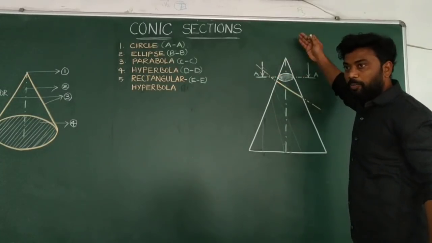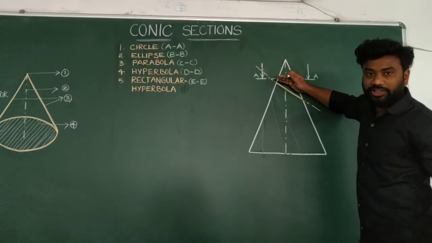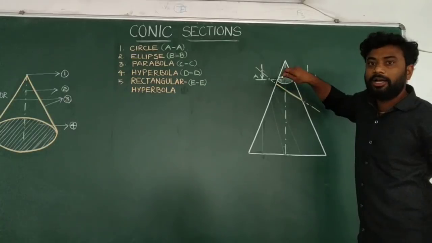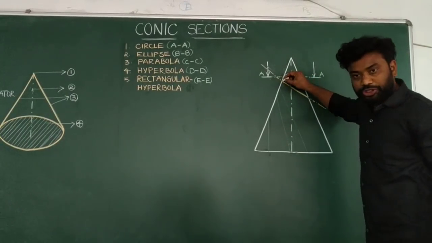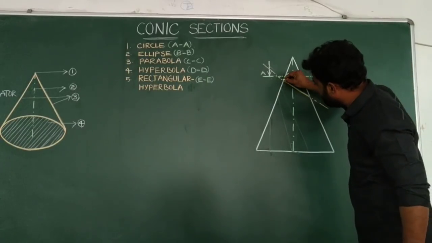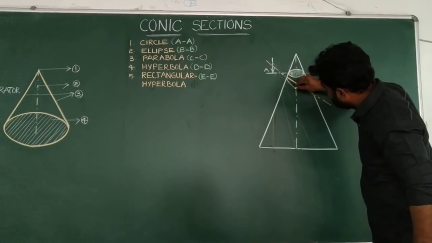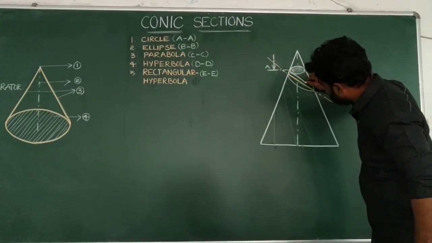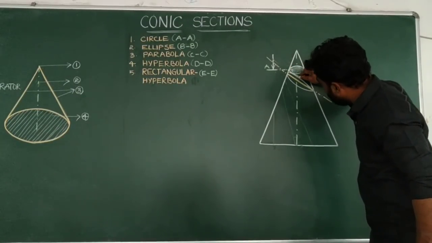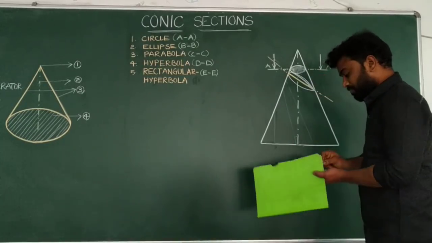After removing the top portion, here we will be getting a new surface at the top portion. So let me show you the top surface. In this way we will be getting the top surface.